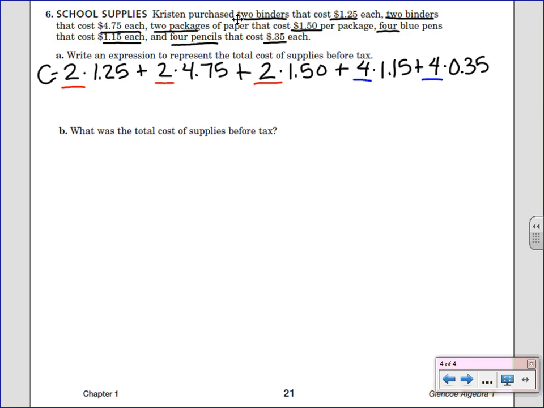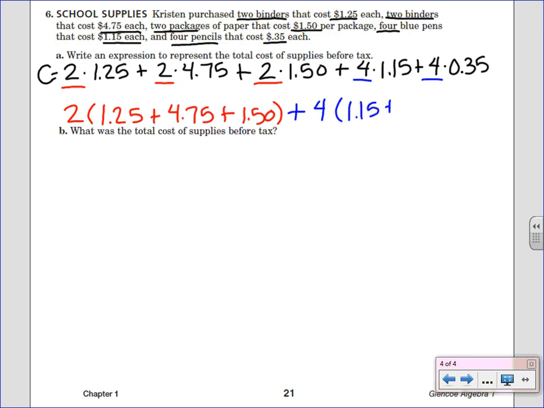So we can do the reverse distributive property and say that we have 2 times 1.25 plus 4.75 plus 1.50. And then on top of that, we would add the rest. Outside, we have 4 times 1.15 plus 0.35.